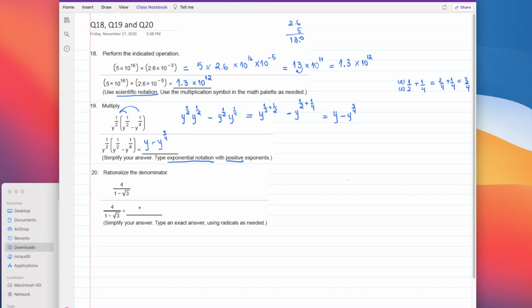Okay, rationalize the denominator, number 20. Let's be very clear. You have a radical in the denominator. This is not incorrect. If you find a problem that finishes like that, it is not incorrect, but it's not elegant. You have to write things well mathematically, and we avoid radicals as much as possible.